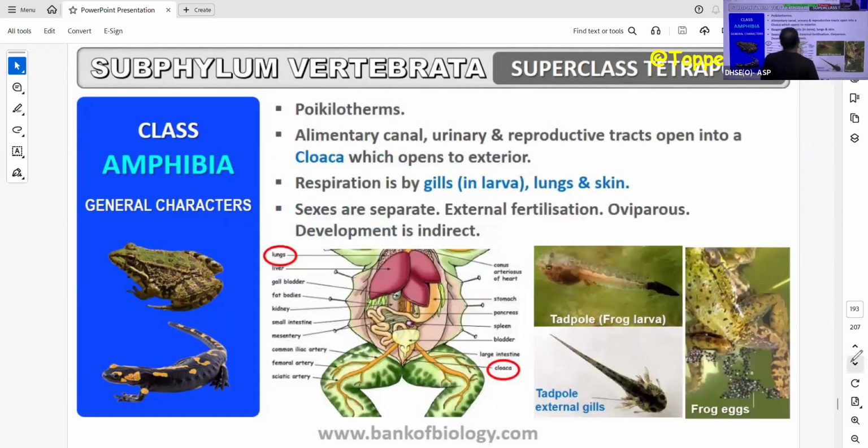Now, come to the next. The class Amphibia contains mostly cold-blooded animals. That's why they are all poikilothermic. They are poikilothermic.